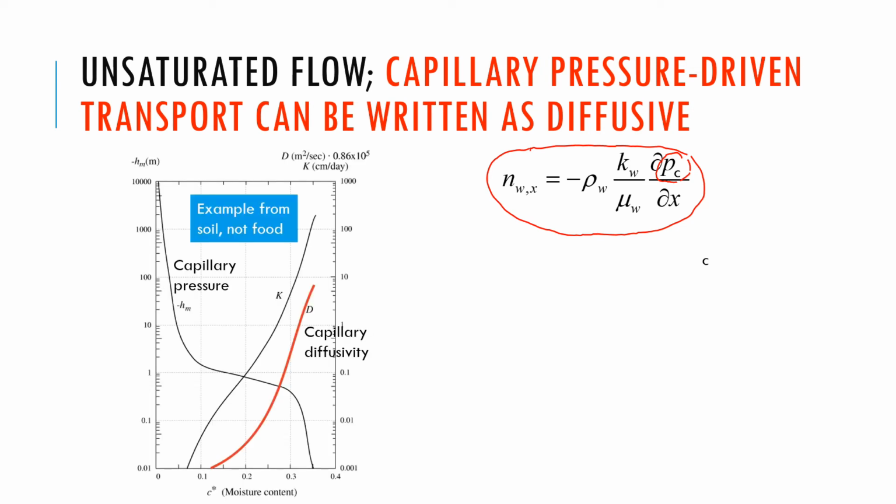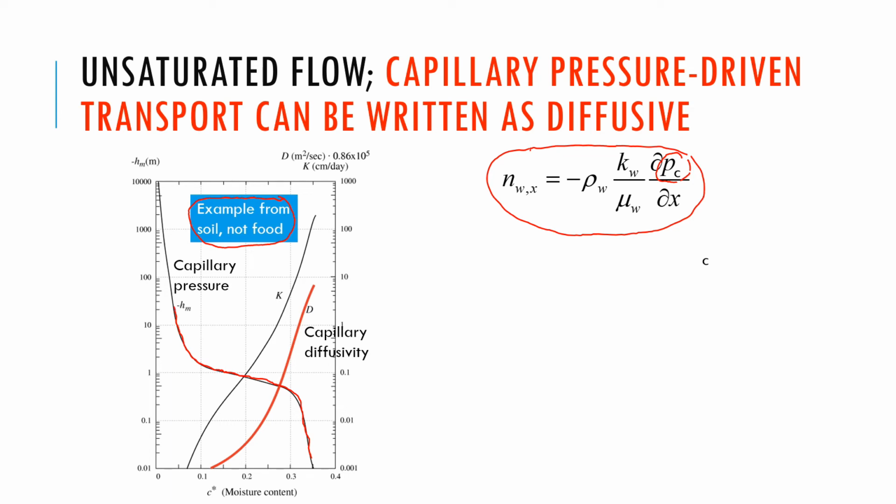This can be seen in data. Unfortunately, we do not have this kind of data for food. So here is data from soils as porous media. In the soil, you can see the capillary pressure really increases.